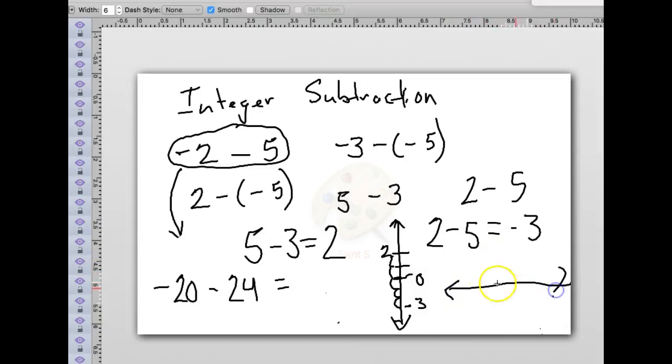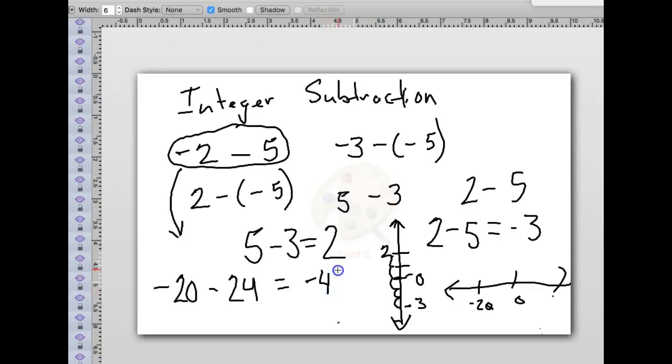You can say to yourself, here's 0, I'm at negative 20, take away 24. Does that mean I go to the left 24 or to the right 24? If you said to the left, you're correct. So I go to the left 24. I'm adding 24 more to that, so that's why that is a negative 44.